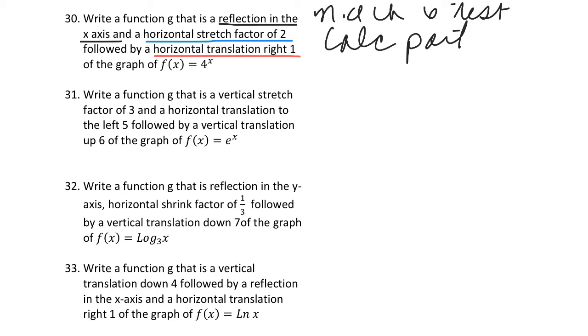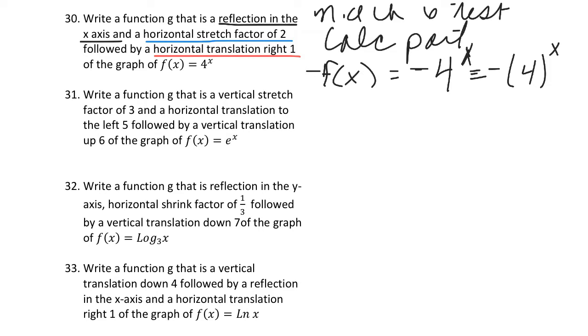So this is going to start with reflection in the x-axis, that's negative f of x on f of x equals 4 to the x. So that's negative 4 to the x, or you could do negative parentheses 4 to the x, up to you. Just know that that negative is not getting raised to the power.